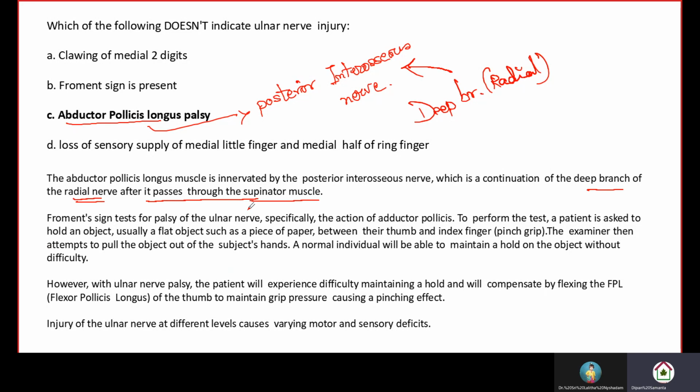Froment sign is a test for palsy of the ulnar nerve, specifically the action of adductor pollicis.